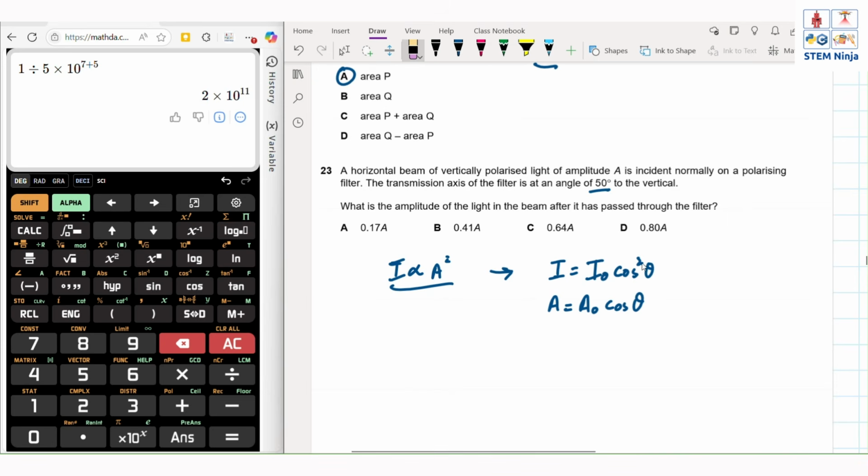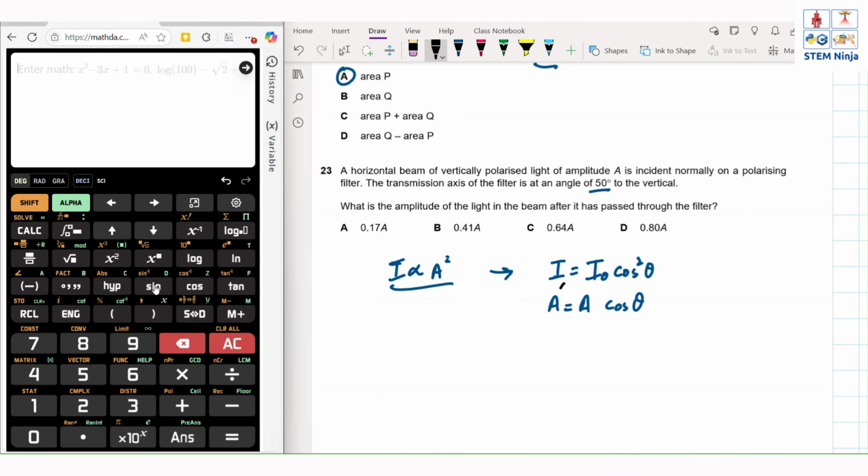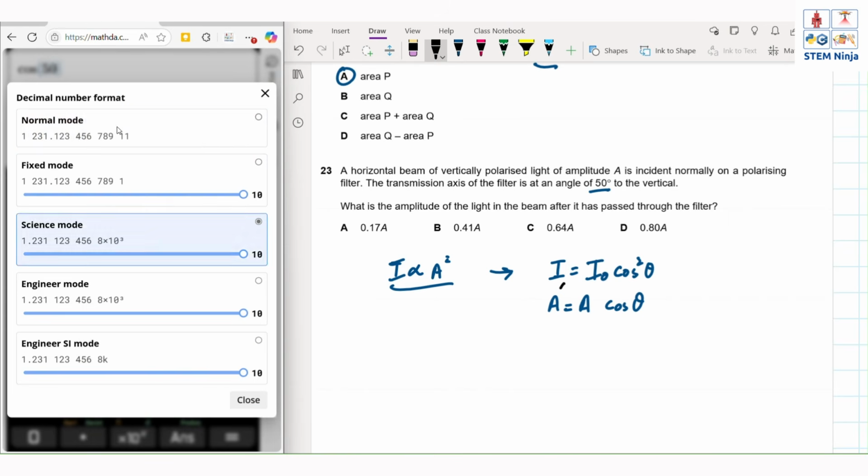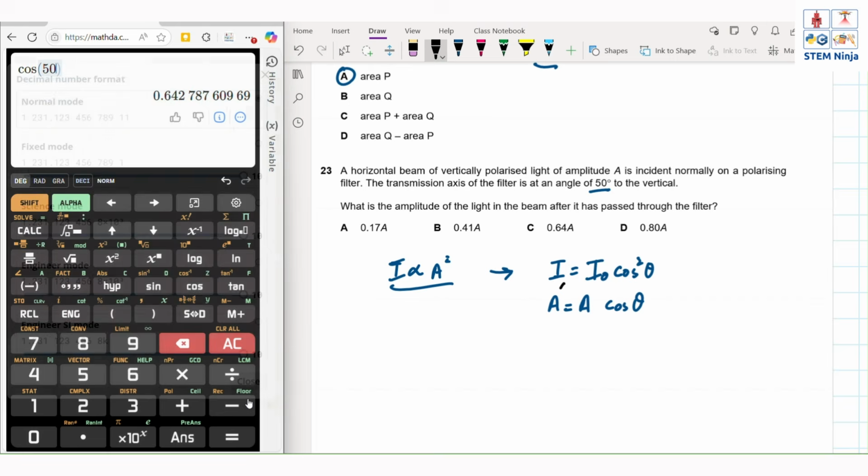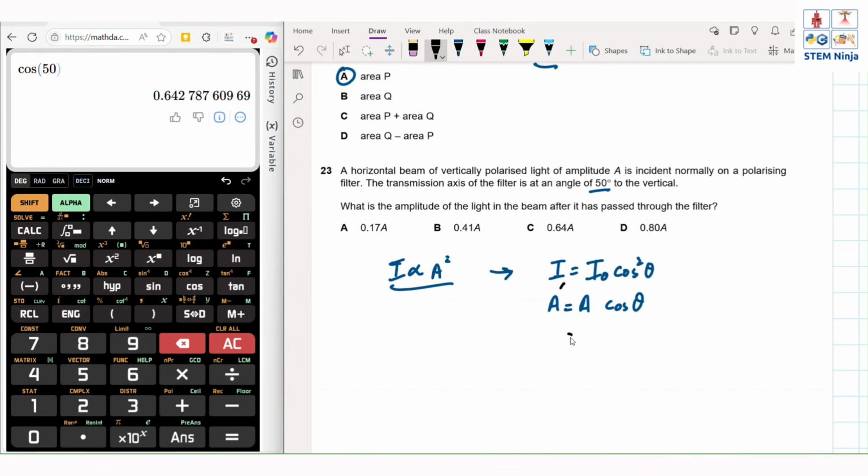Letting A prime be the new amplitude, we can just do cos of 50 degrees, which is 0.642, so 0.642 A, and this is the correct answer.